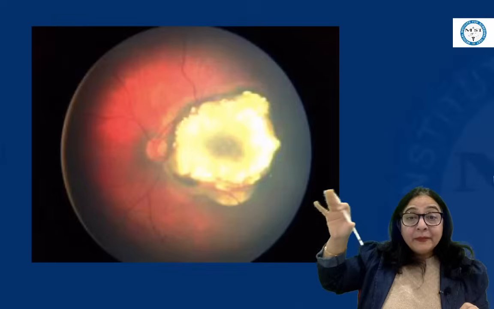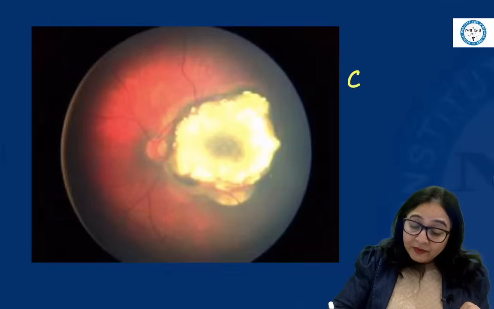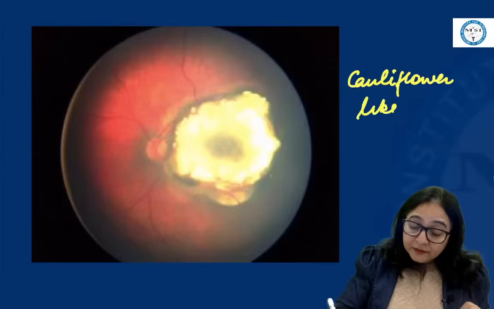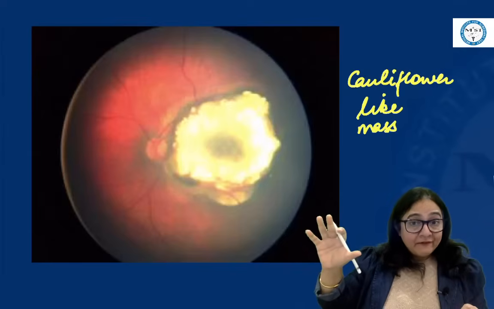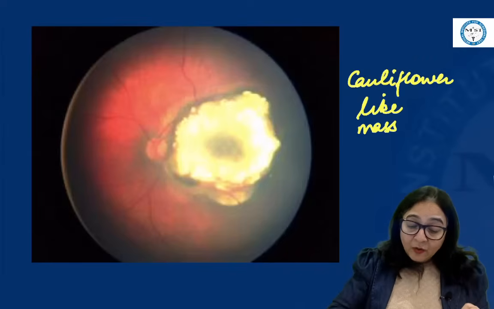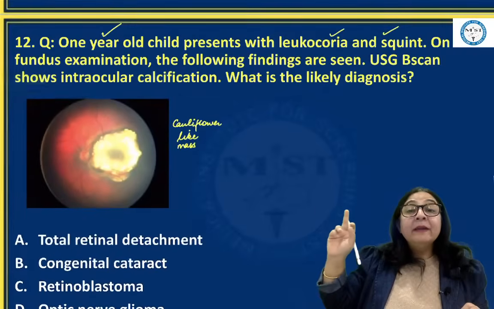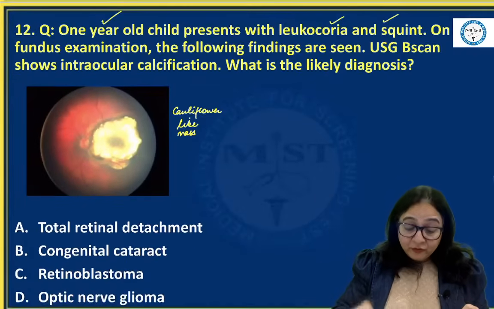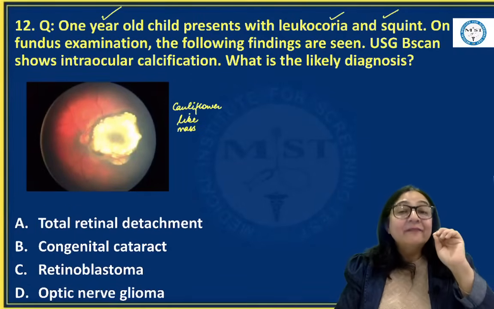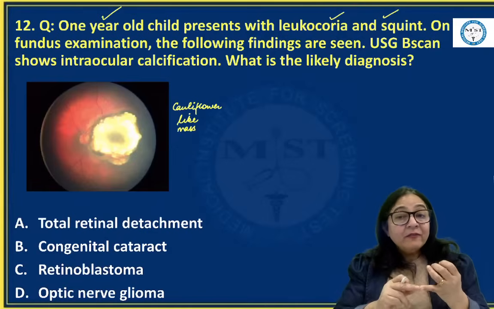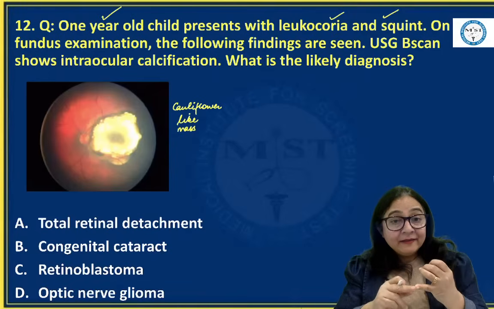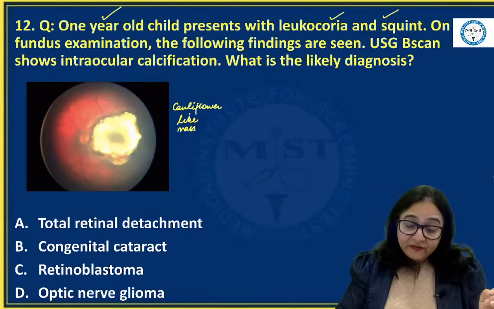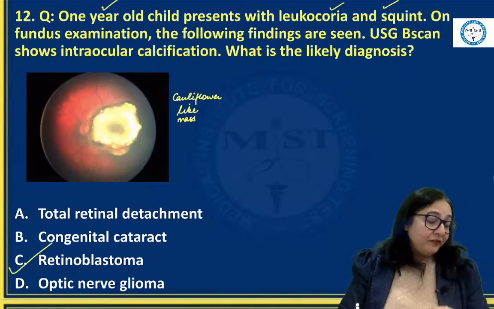The appearance of the mass is like a cauliflower-like mass which is growing into the vitreous cavity. And they already told you in the question statement, ultrasound B scan shows intraocular calcification. So a cauliflower-like mass with intraocular calcification is highly suggestive of retinoblastoma.